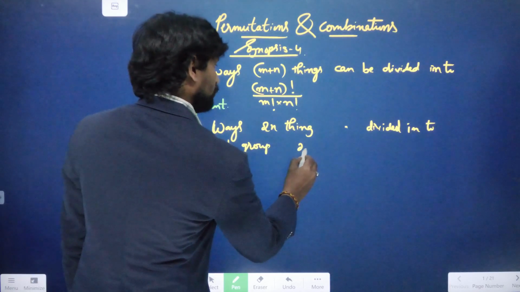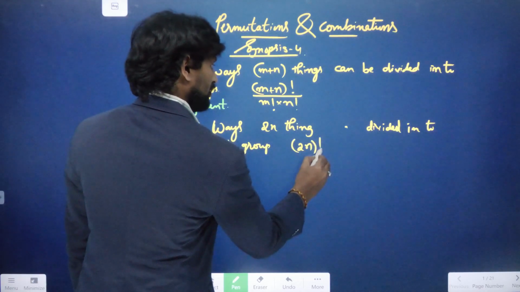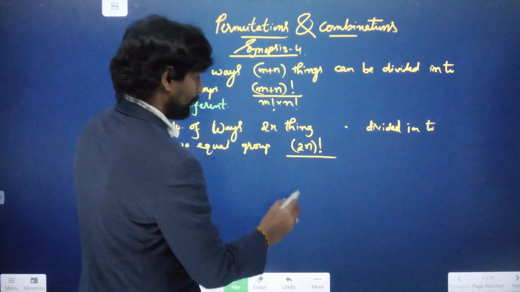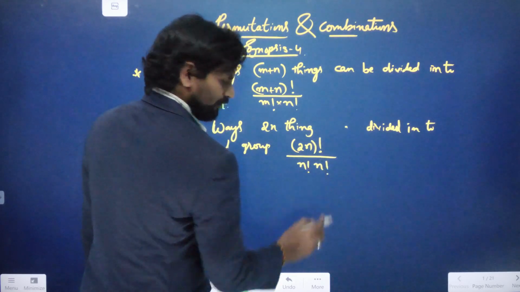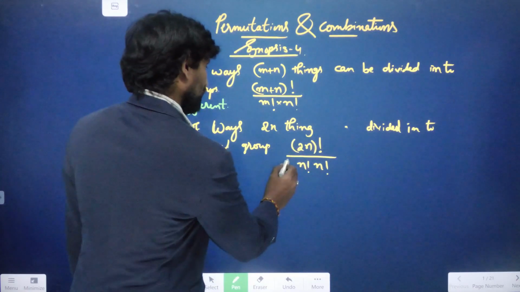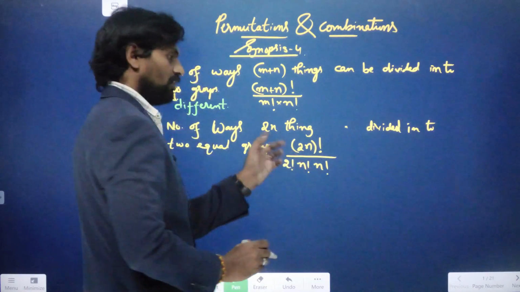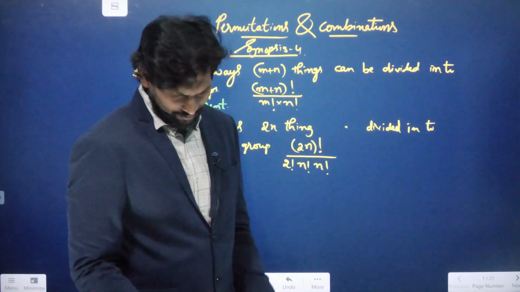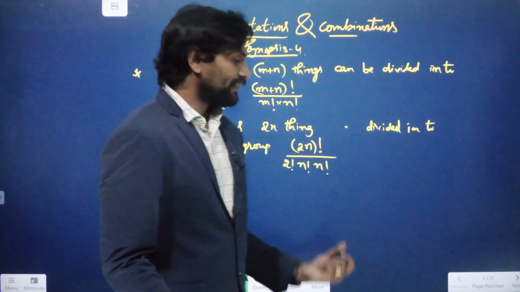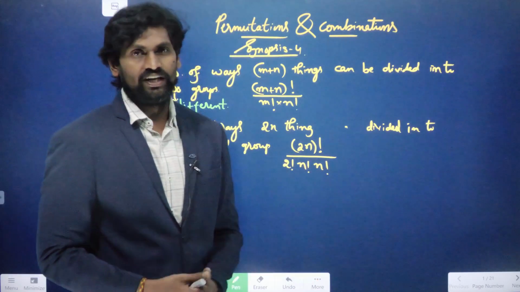Total number of things is 2n, so it is 2n factorial by n factorial into n factorial and with 2 factorial, since these two groups are also interchangeable. So n factorial into n factorial, or 2 factorial into n factorial square, we can also write.